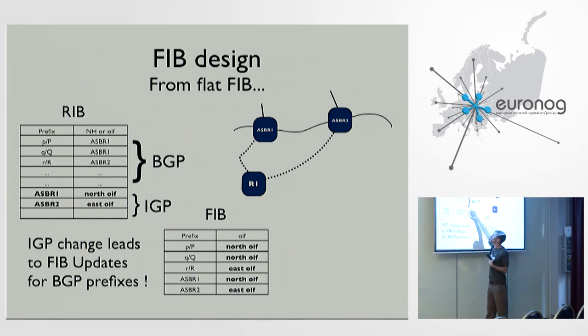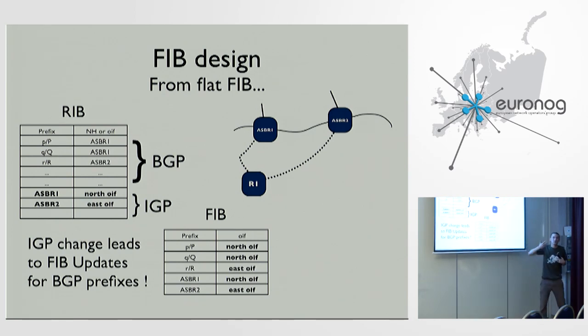And we have the IGP telling the router that to reach a given next hop, it should forward the traffic over a given outgoing interface, right? In the past, what the RIB daemon was doing is to resolve this recursion from the BGP prefix to the next hop and the next hop to the outgoing interface. And what was installed in the FIB was a direct mapping between a prefix and an outgoing interface, right?